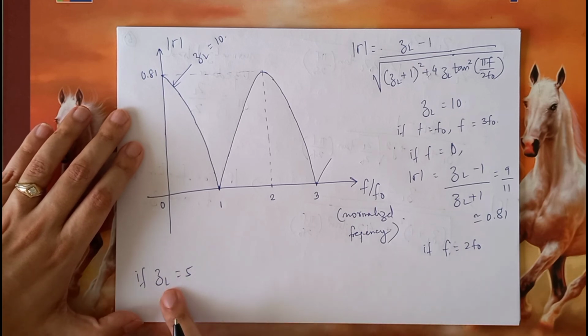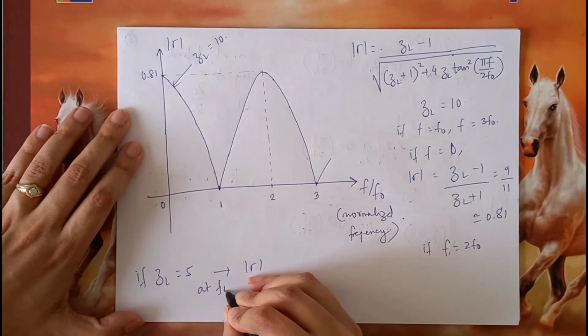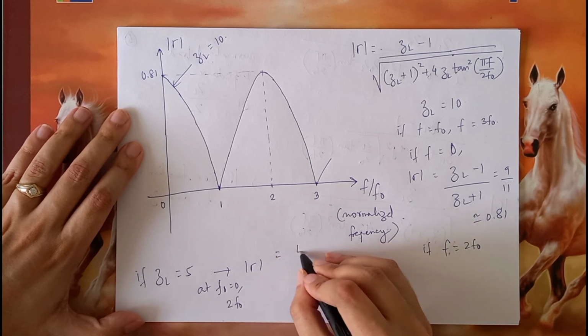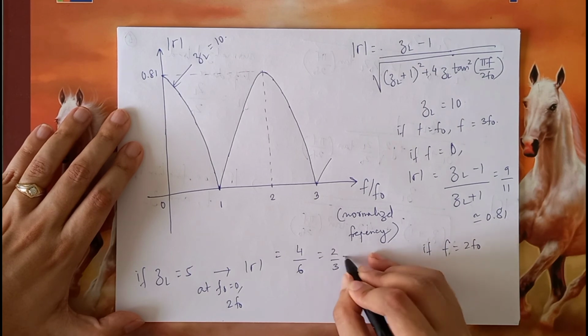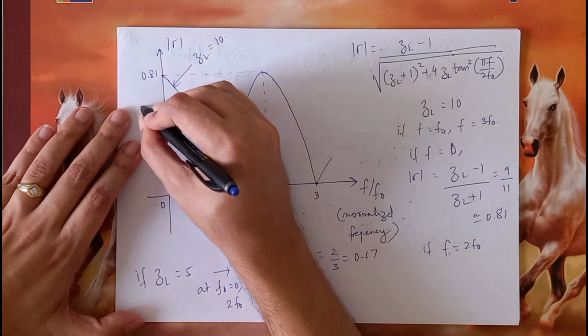So if ZL becomes equal to 5, then at 0 and 2, mod gamma will become 4 by 6 or 2 by 3, which is 0.67. Let's say this is 0.67.